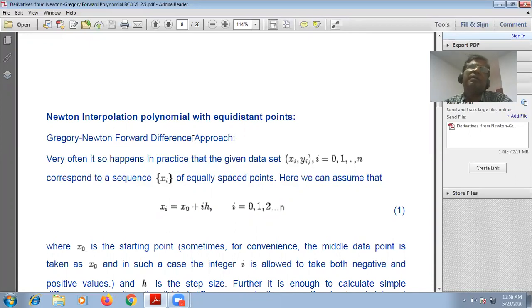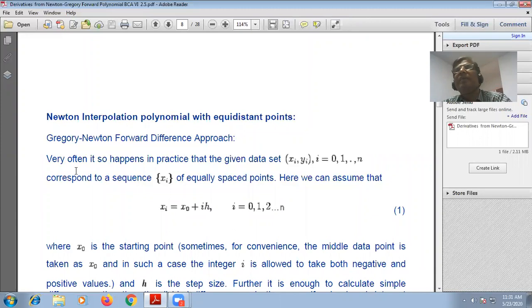As you are seeing on the screen, the concept of interpolation given by Newton by taking a polynomial with equidistant points is the same as the Gregory-Newton forward difference approach.